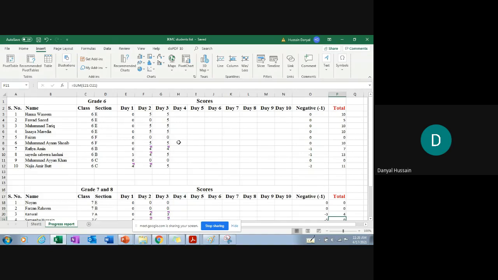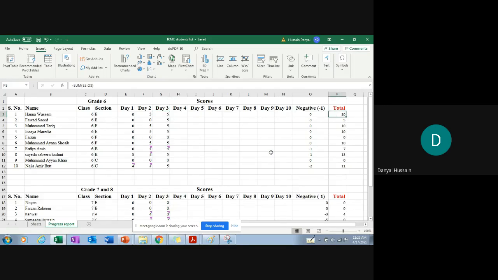For example, this student has participated in 2 days, and she gave all the answers correct, so she got 10 marks.